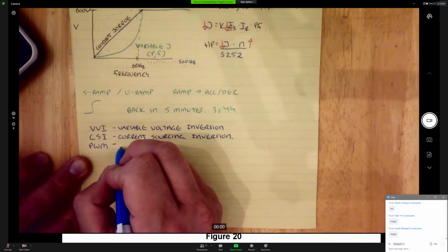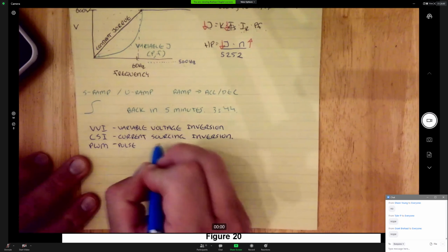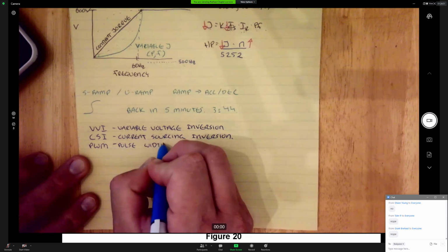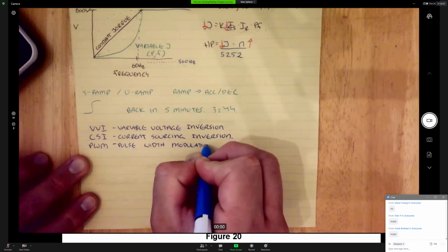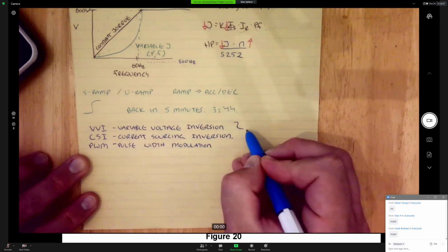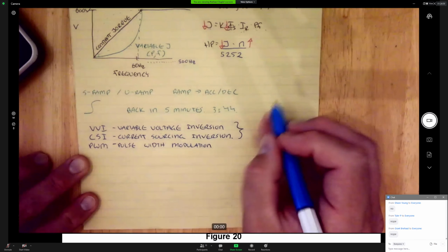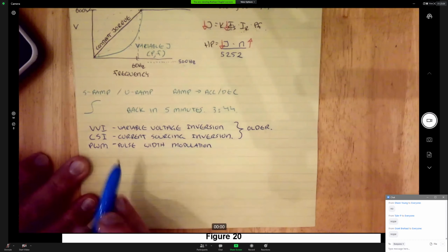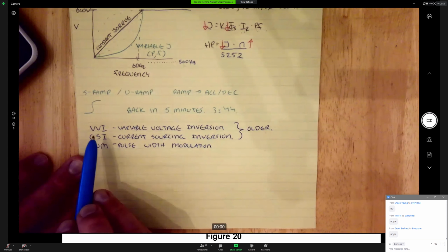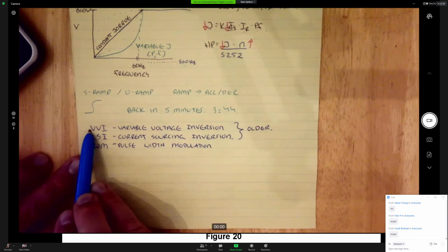And lastly, we have pulse width modulation. So I am going to talk about these two with you. I'll show you the diagrams. Fundamentally, these guys are older tech. So they're not mainstream now.